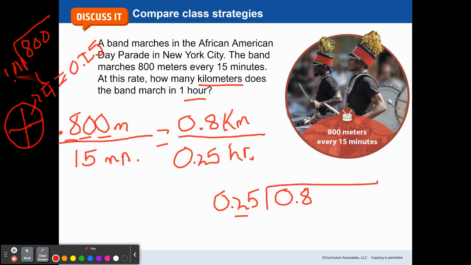You cannot have decimal place values in your divisors. So you have to move this over 2 places, which means you do the same thing over here. 1, 2 places. Puts my decimal point there. There we go. Have to add a 0 there. So 80 divided by 25 is what I've got right now.